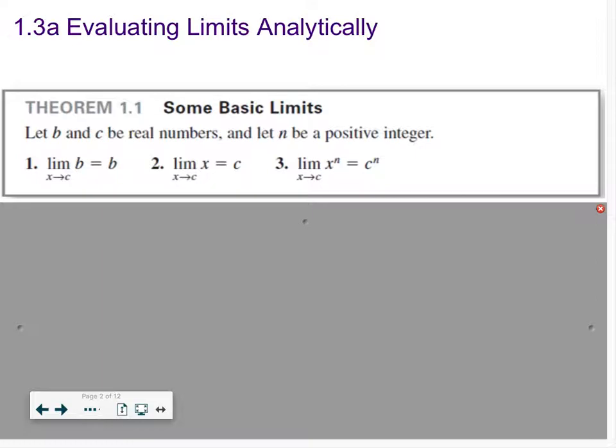I don't feel like you need to write all of that in your notes all the time. So, my advice to you would be to write basic limits and write down these 3 things right here. This is how it looks in your book, but I don't think you need to write down everything else. So write down basic limits, write down those 3, and then we'll talk.